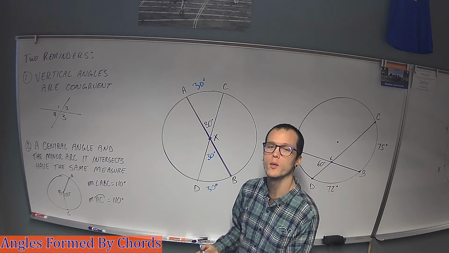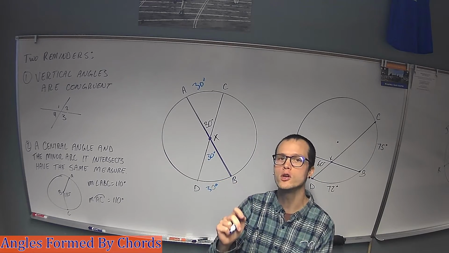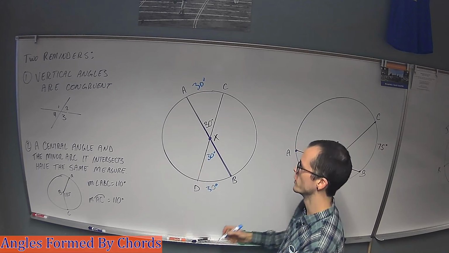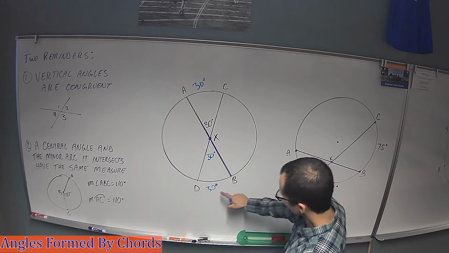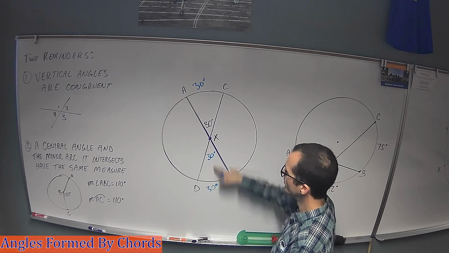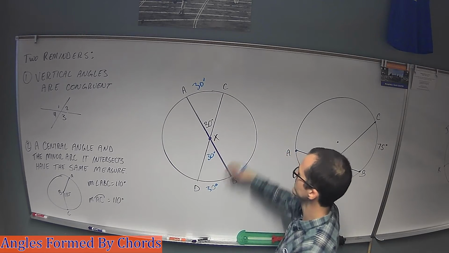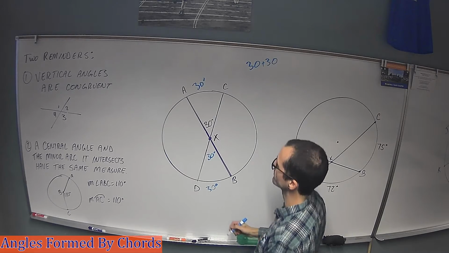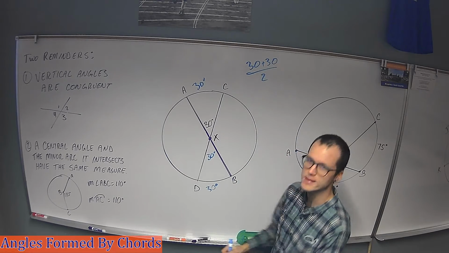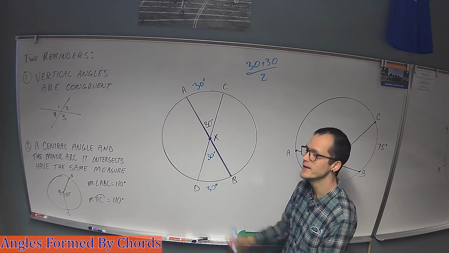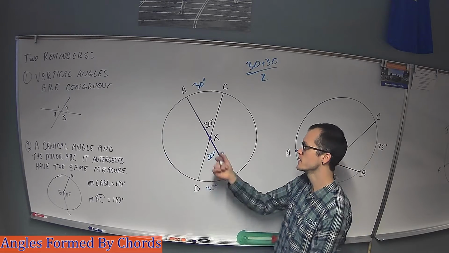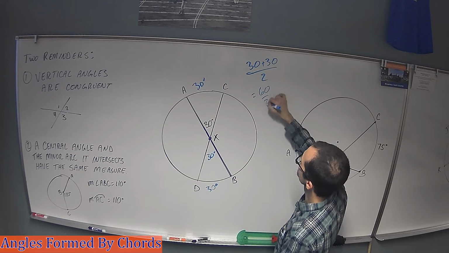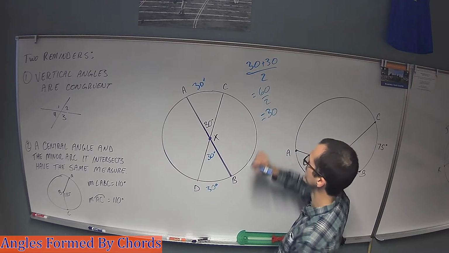Here's a relationship I want to explore that's going to seem really trivial, but it's going to apply to a bigger case where it actually is helpful for us. Notice, if we add up both of these arc measures here, in this case 30 plus 30, and then we divide that sum in half, we're going to end up with 60 over 2, which is 30.